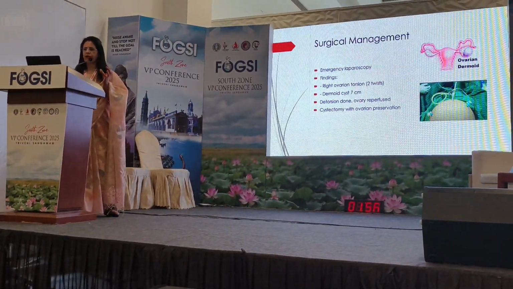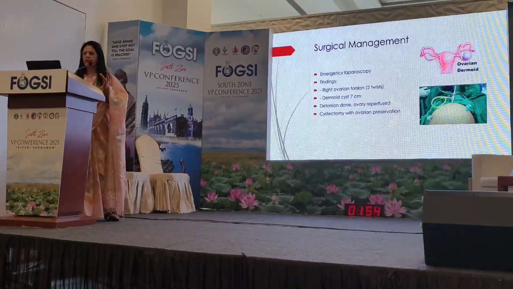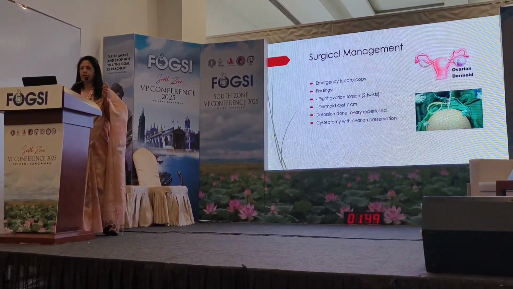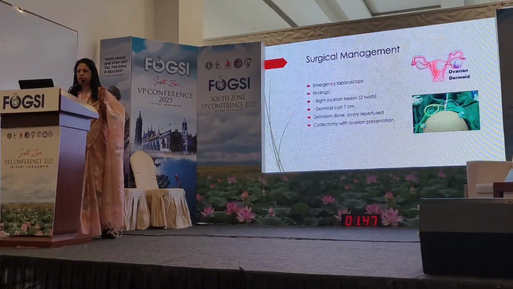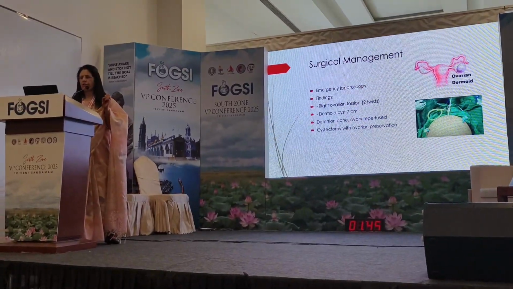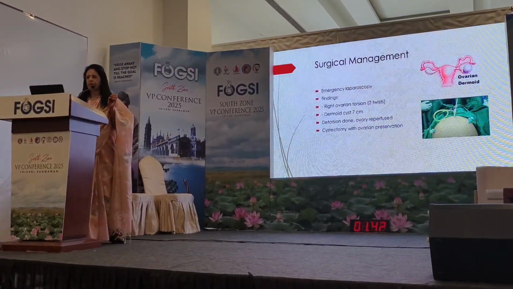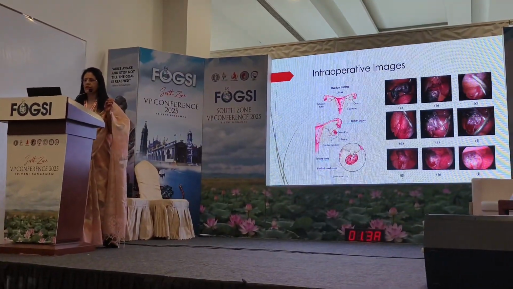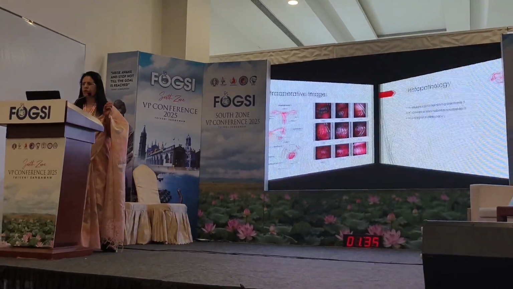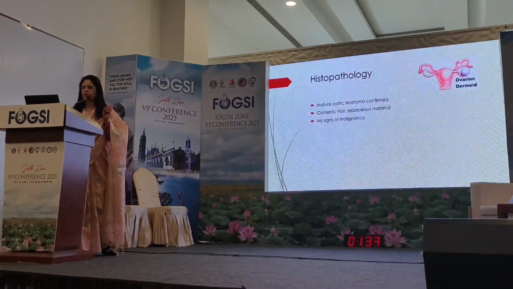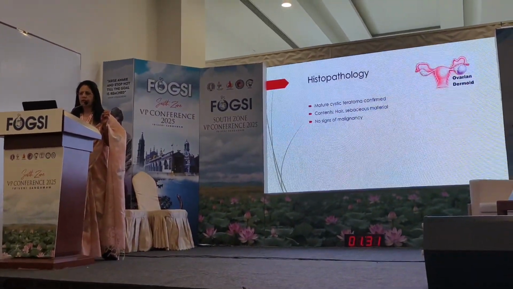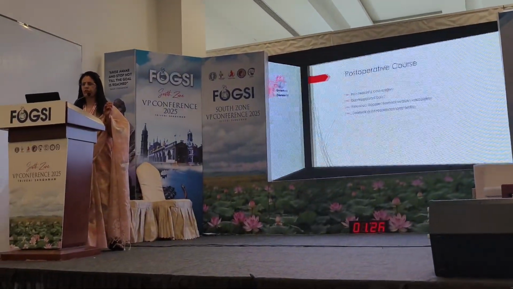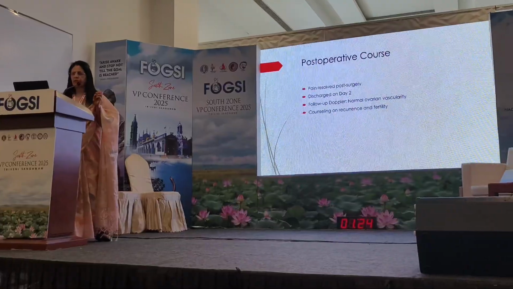Ultimately, emergency laparoscopic surgery was planned, and the finding was right ovarian torsion with two twists and a 7 cm dermoid cyst. Detorsion was done and the ovary reperfused. Cystectomy with ovarian preservation was done in this case. These are the intraoperative pictures. Histopathology confirmed a mature cystic teratoma containing hair and sebaceous material, with no signs of malignancy.